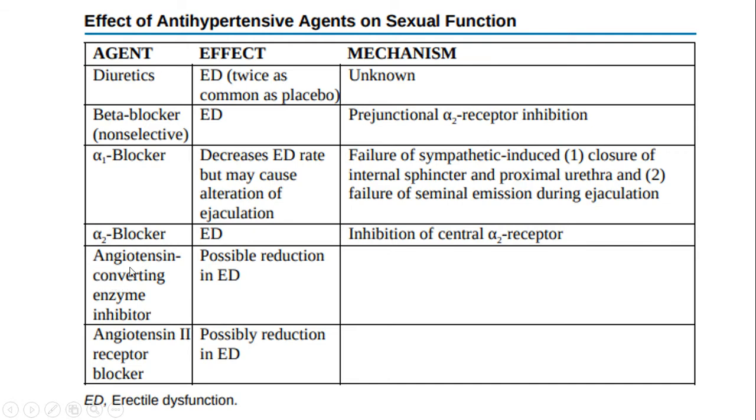Angiotensin converting enzyme inhibitors, unlike beta blockers, cause a possible reduction in erectile dysfunction, so they improve the properties of erection. And angiotensin 2 receptor blockers, because the pathophysiological mechanism of these drugs is similar, also give the same result as the angiotensin converting enzyme inhibitors.